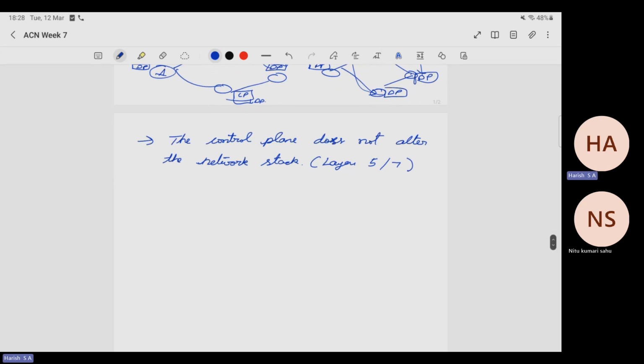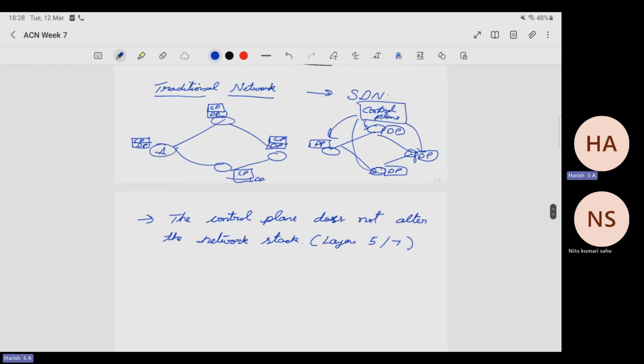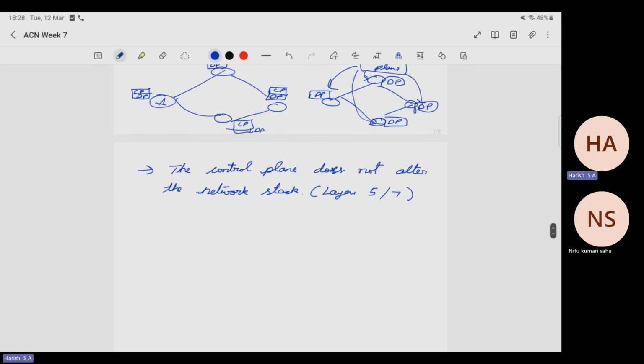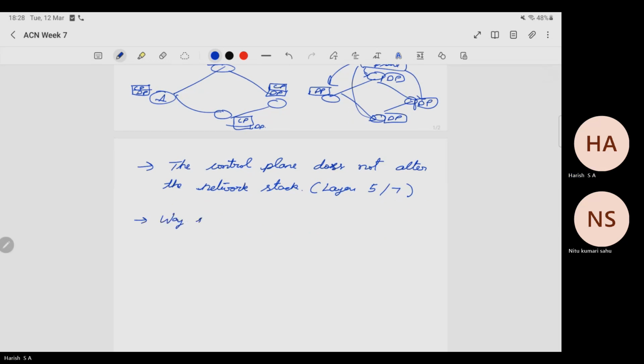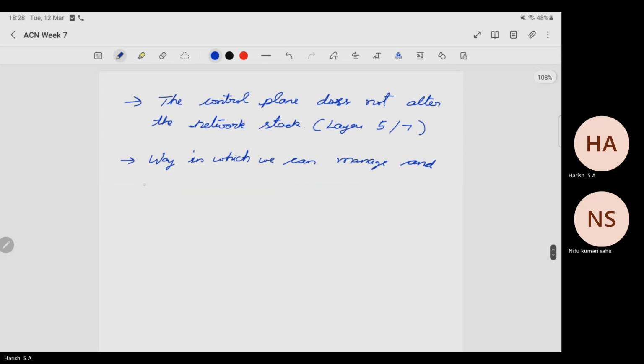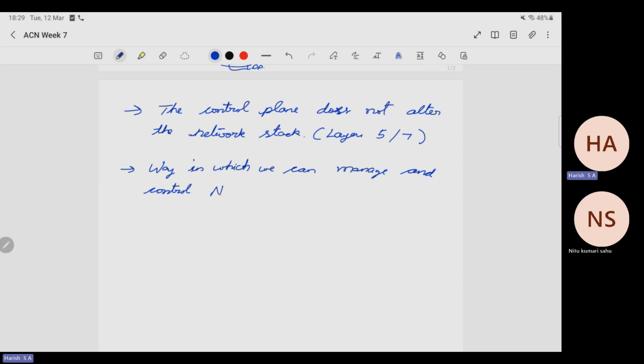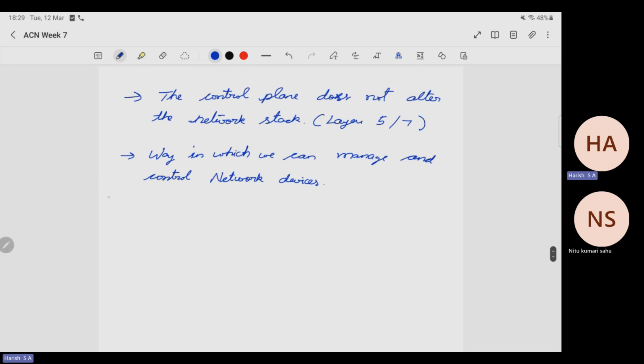It does not alter the network stack; it is a way in which you manage and control these devices, the network devices. This is the nutshell of what happened the previous week.